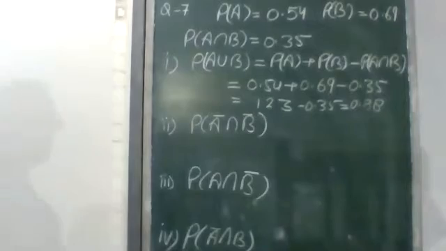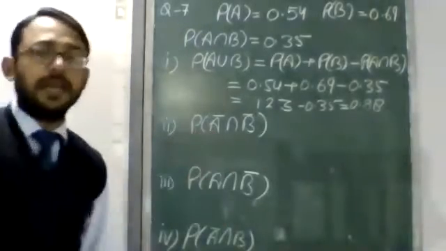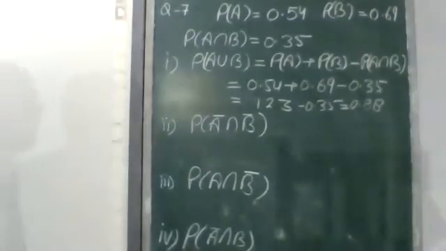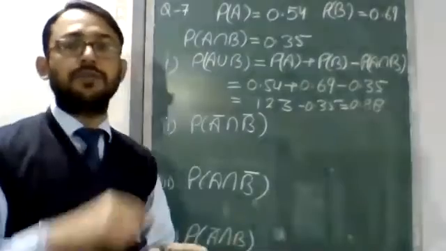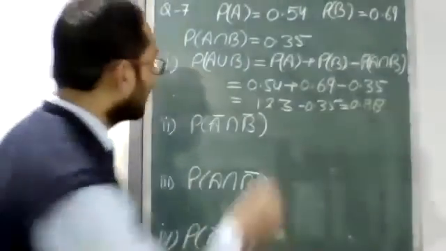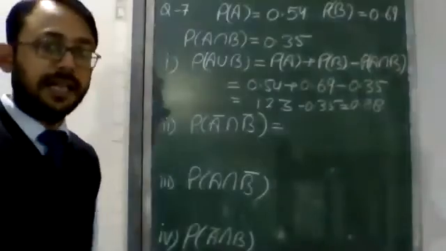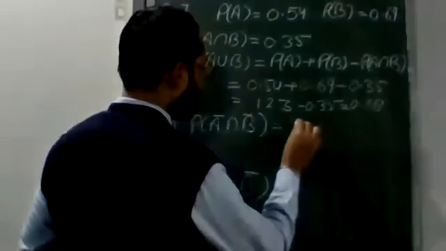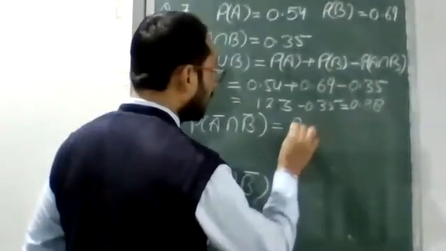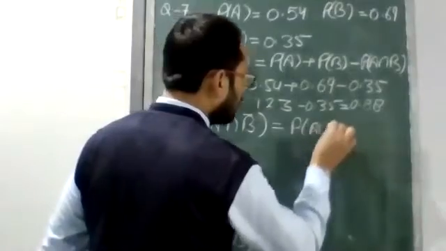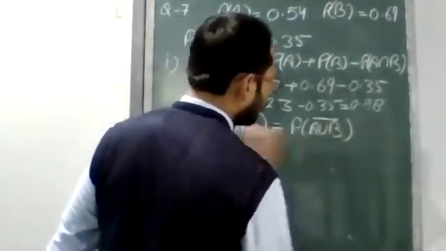Next case is A naught intersection B naught. Now again we need to go to set theory, and in set theory, as per De Morgan's law, it is equal to the probability of A union B whole naught.